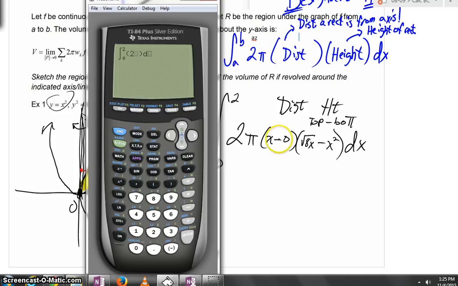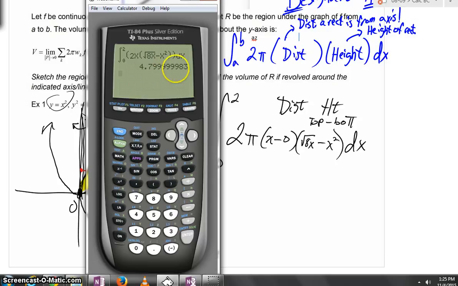The distance is x minus 0, which I think we all know is just an x. Inside here we'll have the radical 8x. You don't even have to simplify it, honestly. Minus x squared. And then we'll just put in our dx. You just let this thing work out. You'll have to add a pi at the very end.